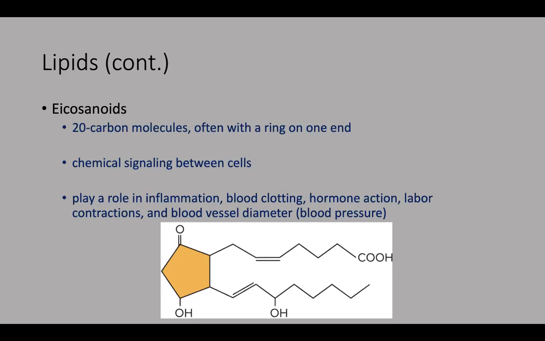And they play, like I said, a really important role in signaling between cells. So cells are always talking to each other using these chemical signals. Eicosanoids are one of those signal molecules that they use. Eicosanoids play a role in a lot of different physiological aspects in our body. I've listed a few here.